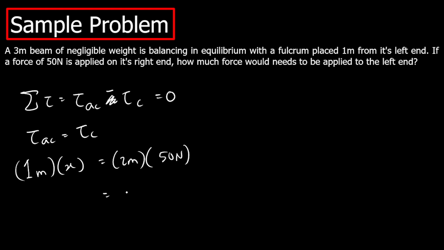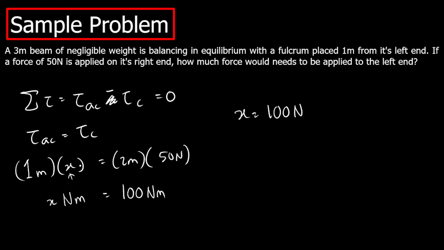For the right hand side, we have 100 Newton meters, and on the left hand side we have 1 times x Newton meter. So x has the value of 100 Newton, because 100 Newton multiplied by 1 meter gives you 100 Newton meter.